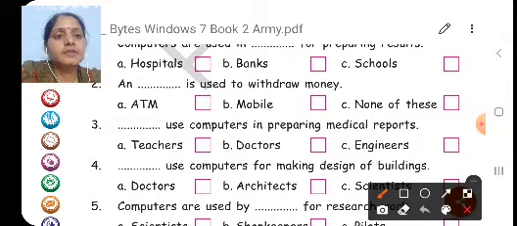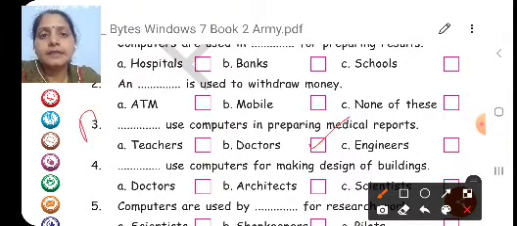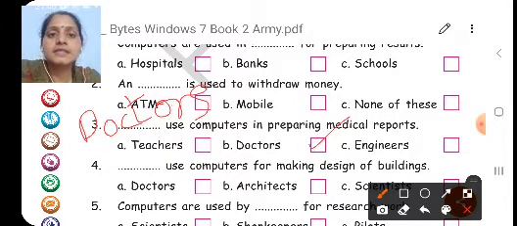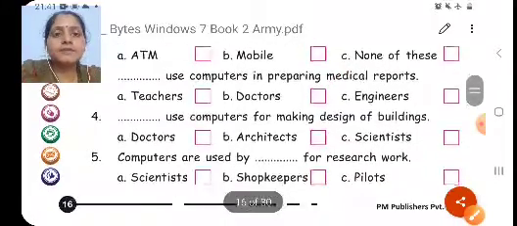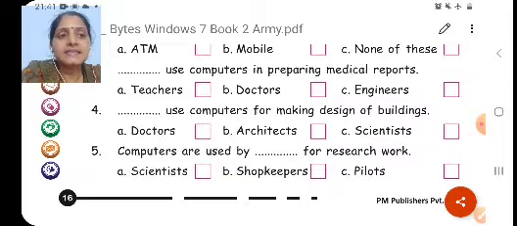So here you will write doctors. So the answer is doctors. Then children, fourth one, a dash use computers for making design of building.